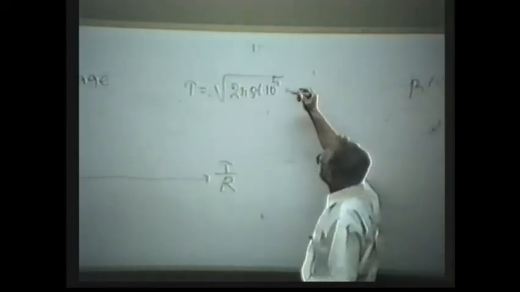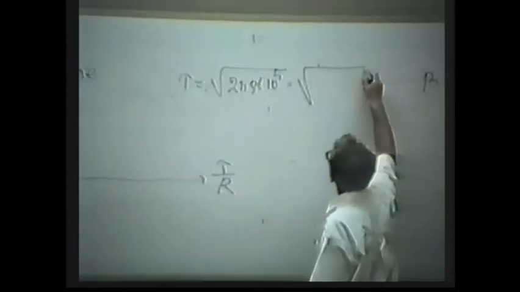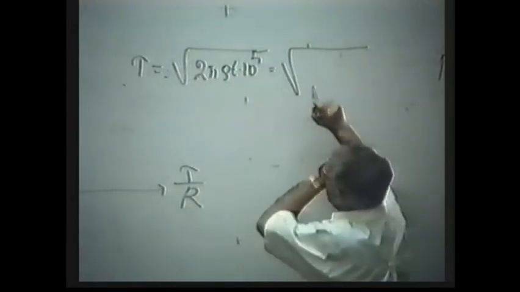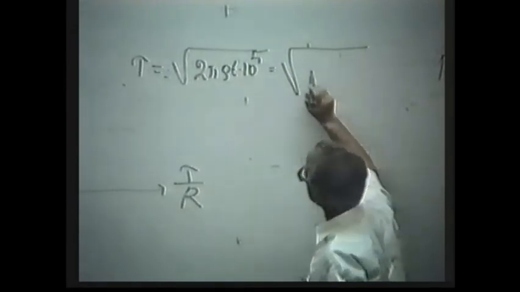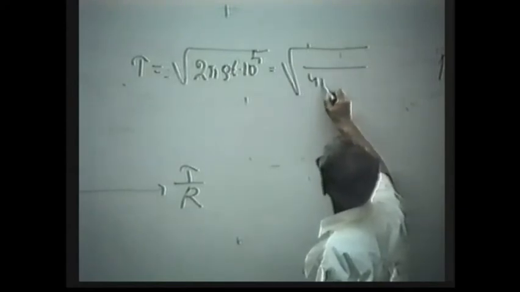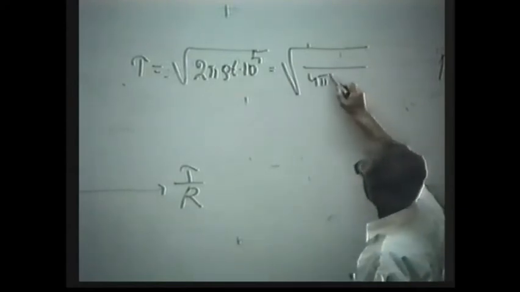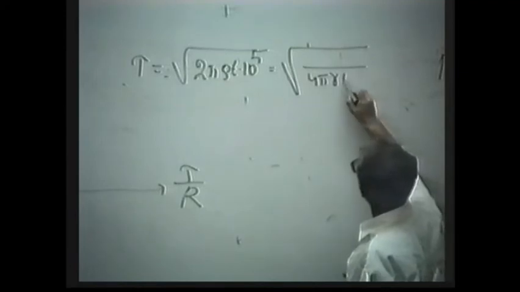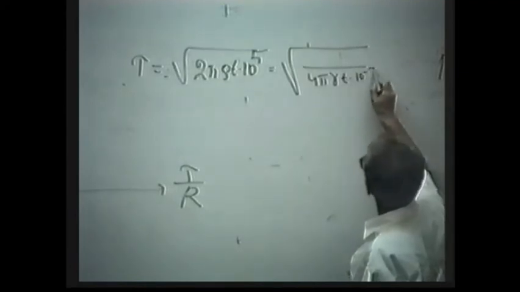Can I write square root, and here 4 pi gamma times 10 to the minus 7.